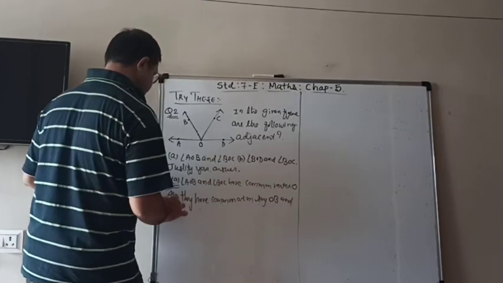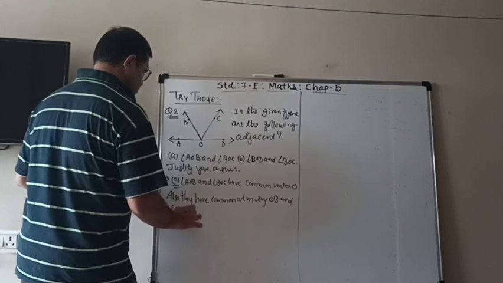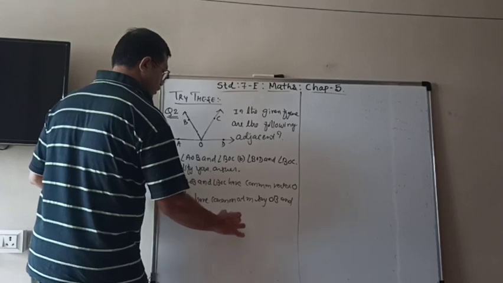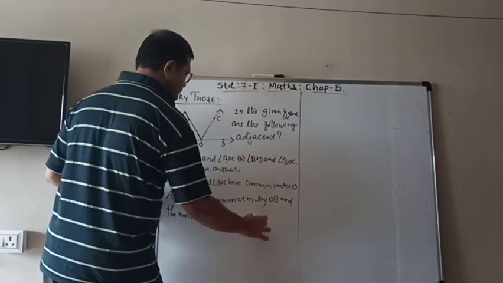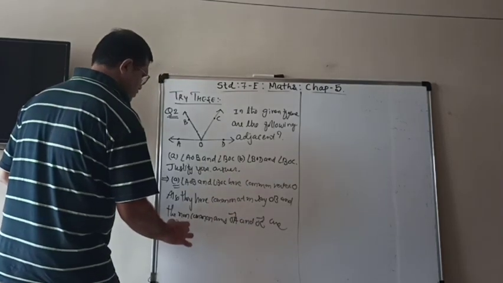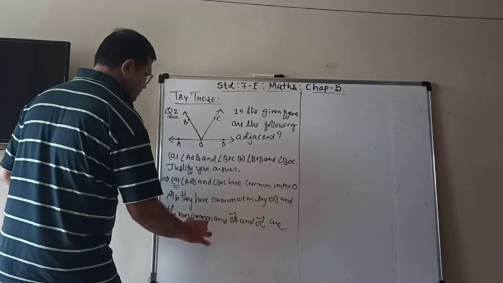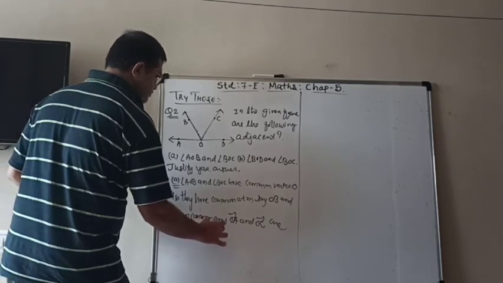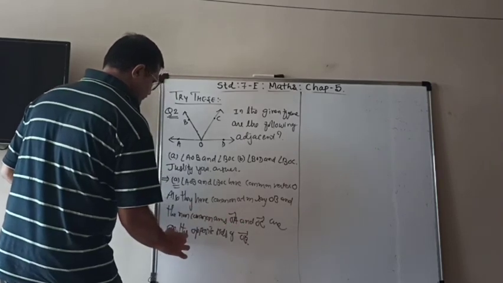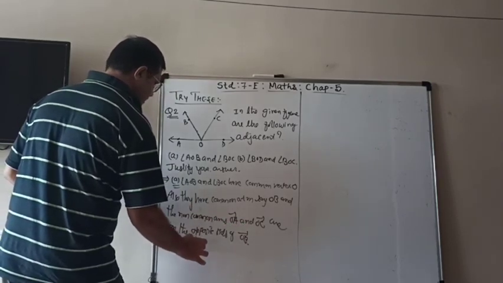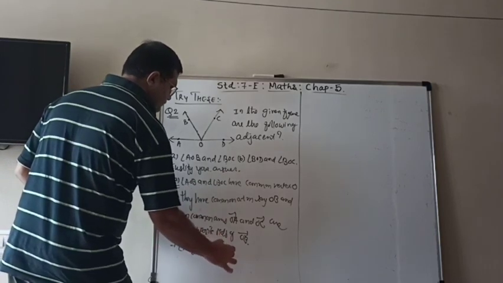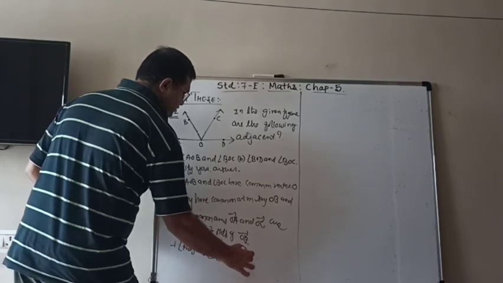And the non-common arms OA and OC are on the opposite side of ray OB. Therefore, angle AOB and angle BOC are adjacent.